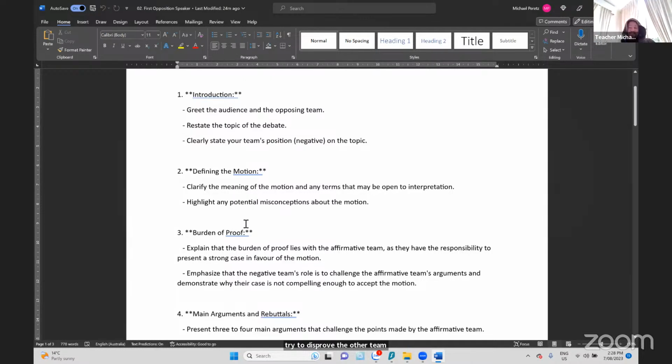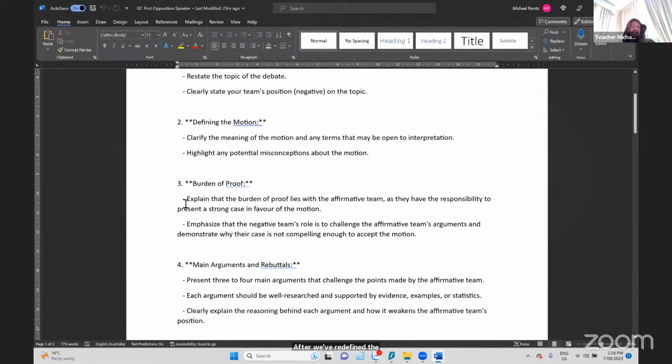After we've redefined the motion, the opposition team has a concept called the burden of proof. The best way that I can sum that up is, if we talk about somebody in court that's been charged with, let's say, stealing something from a shop, for example.